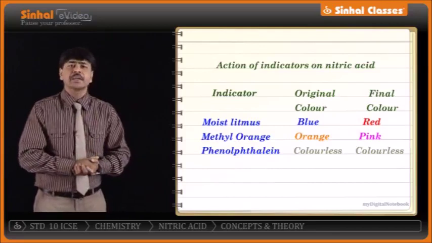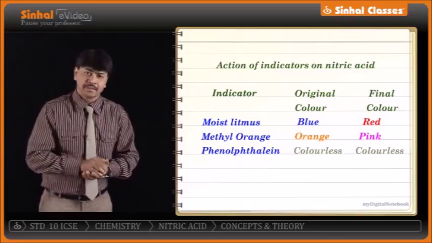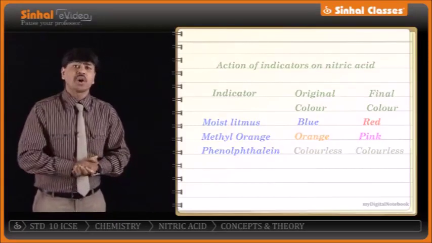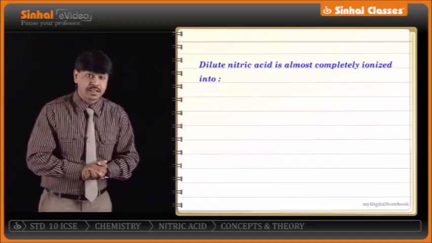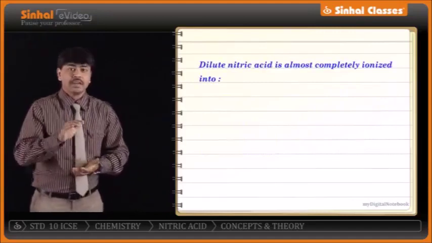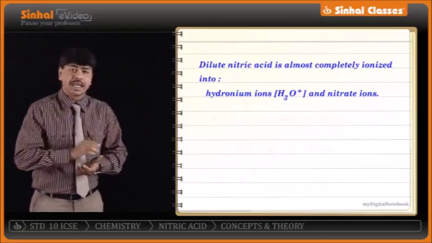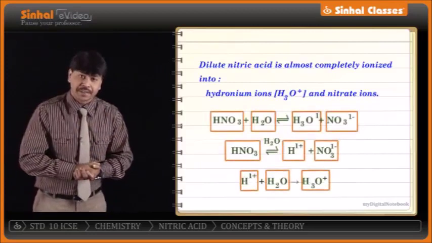Nitric acid is a monobasic acid. What do you mean by monobasic acid? Whenever you put nitric acid in water, it undergoes ionization, that is formation of ions. It forms two ions, that is hydronium ion and nitrate ion, which indicates the acidic properties of it.